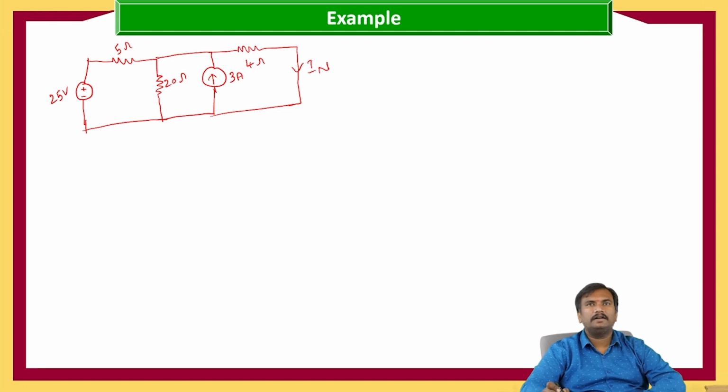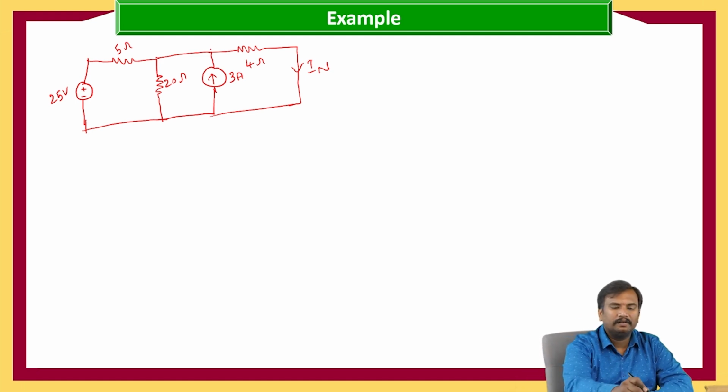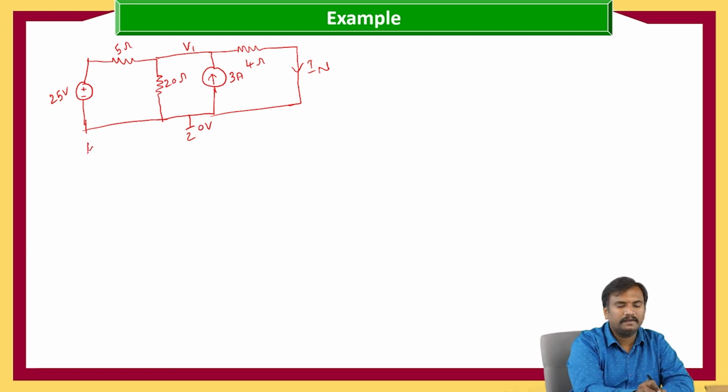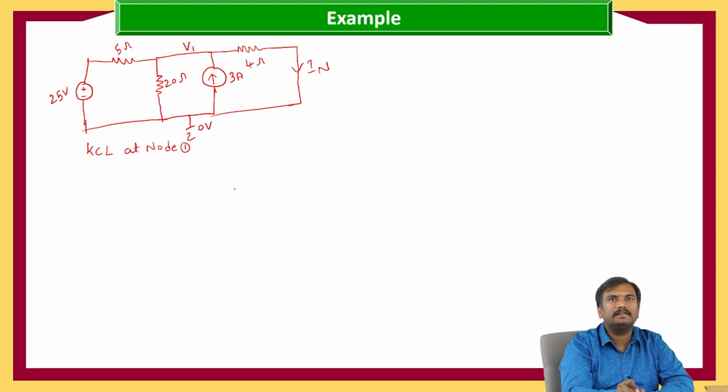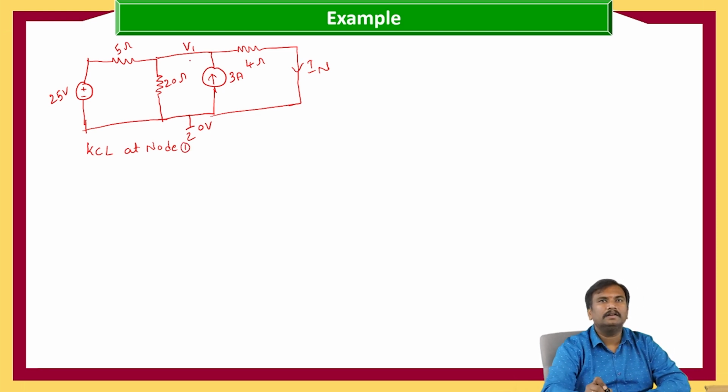So we'll go with nodal analysis. We take V1 with 0 volts, since we have only one node. So if we write the KCL at node 1, let us consider the node 1 voltage as V1.